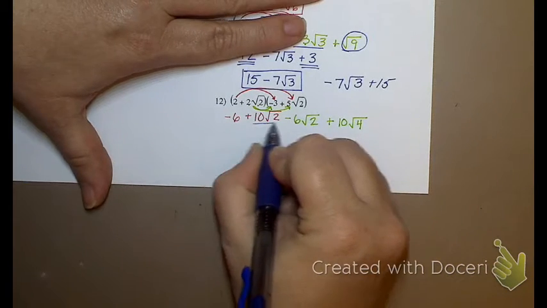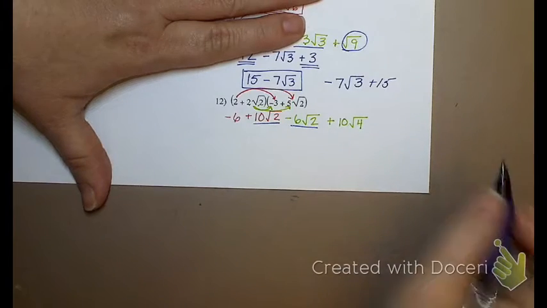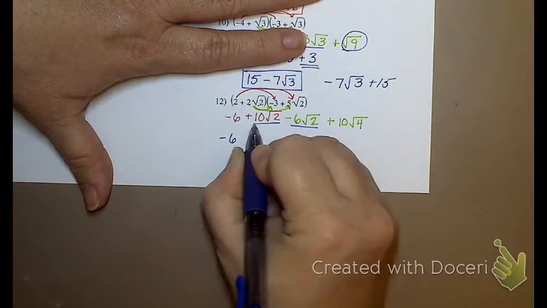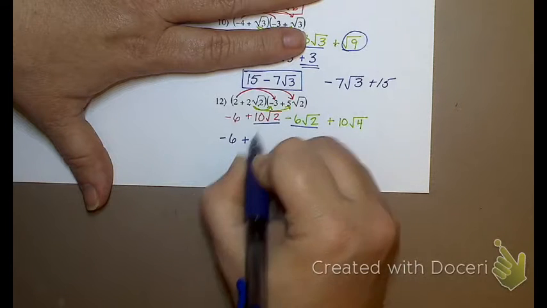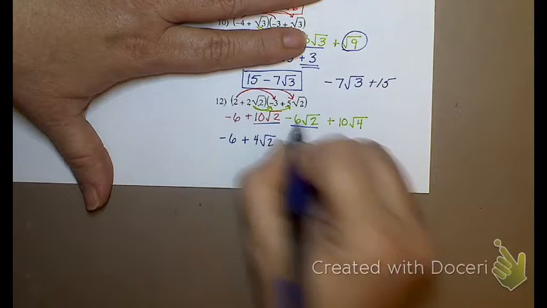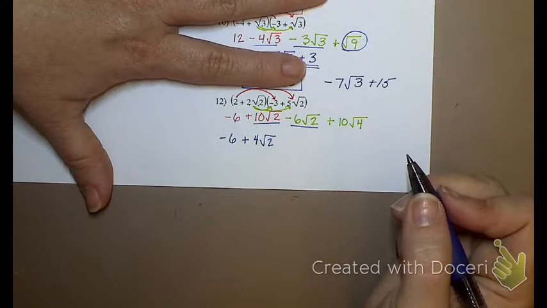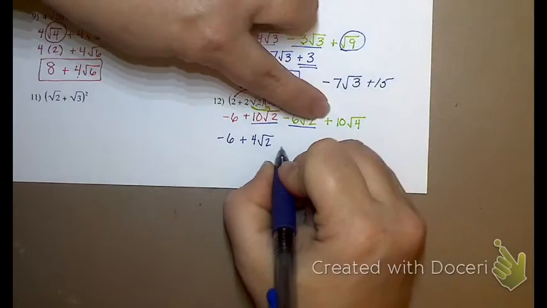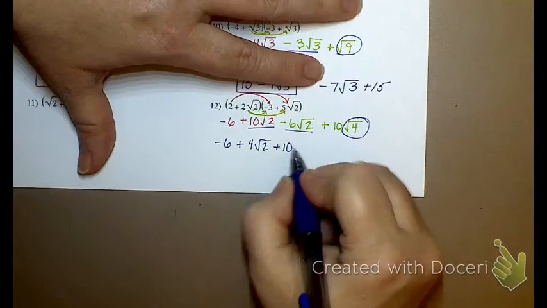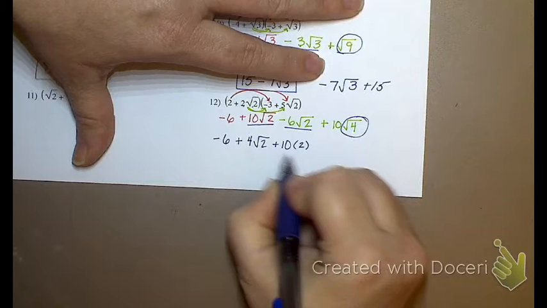First off, I notice these two are like terms, right? So I have negative 6 and then what? Plus 4 radical 2. 10 and negative 6 is 4. Yes? And then this guy, I have plus 10, but what is radical 4? Times 2. So what is 10 times 2?